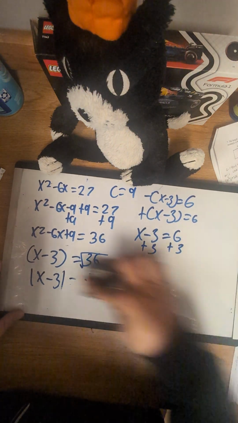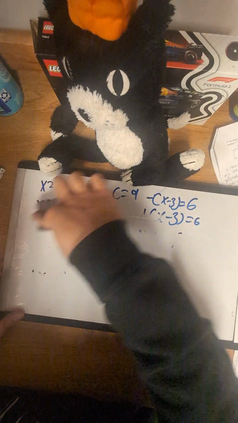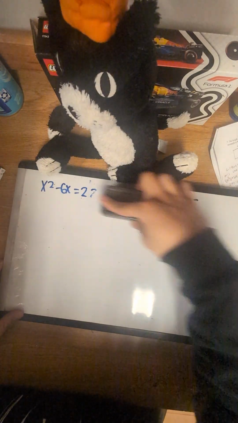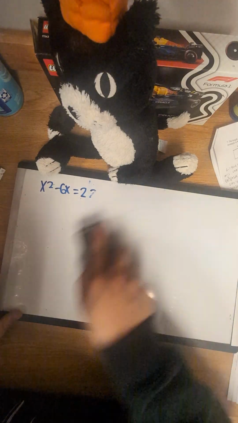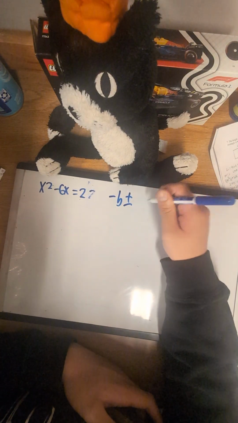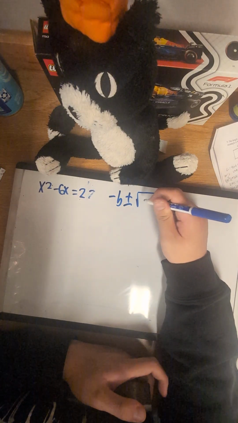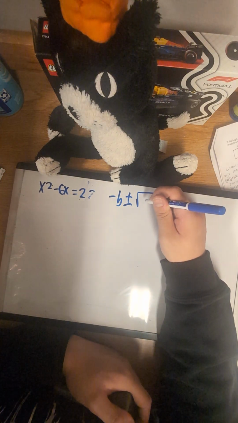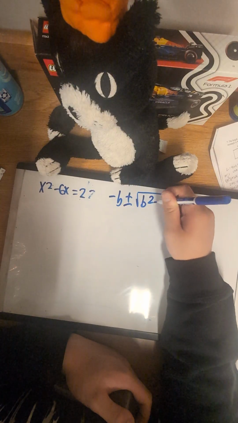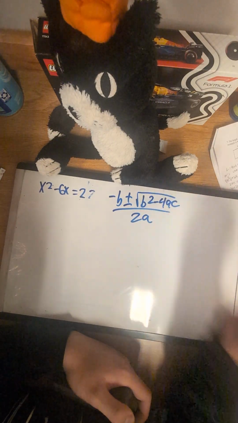And finally, solving via the quadratic formula. So what is the quadratic formula? Well, I'm going to write it down real quick. The quadratic formula is negative b plus or minus the square root of b squared minus 4ac, all over 2a.